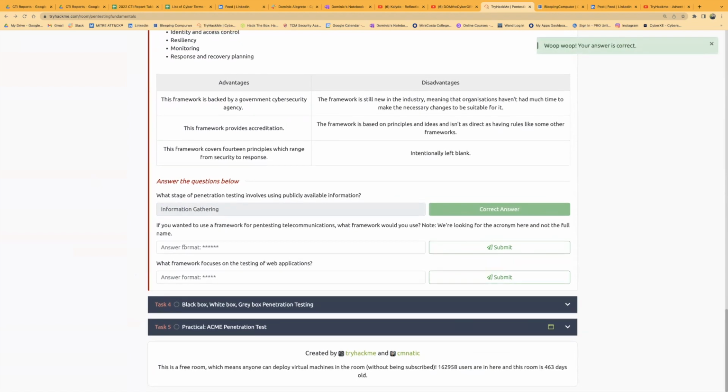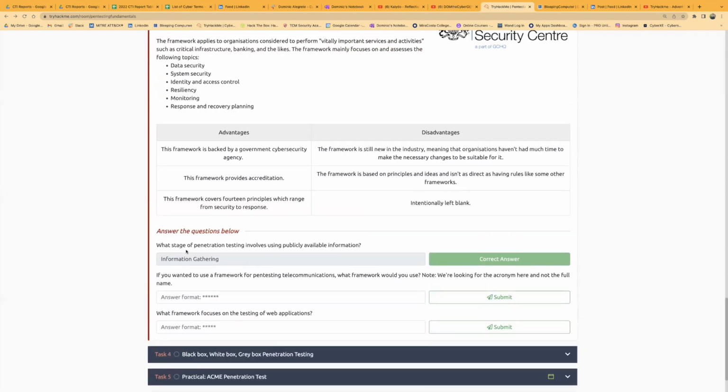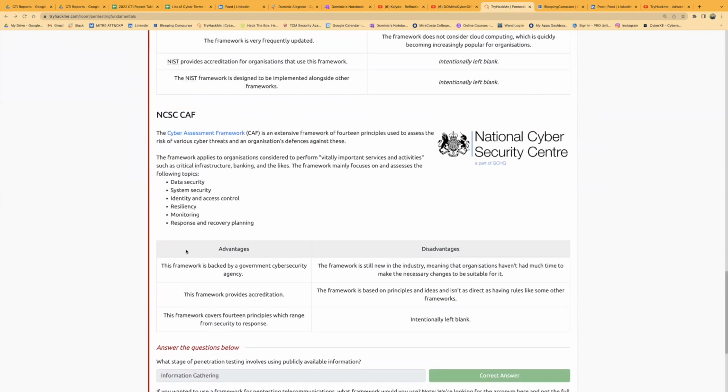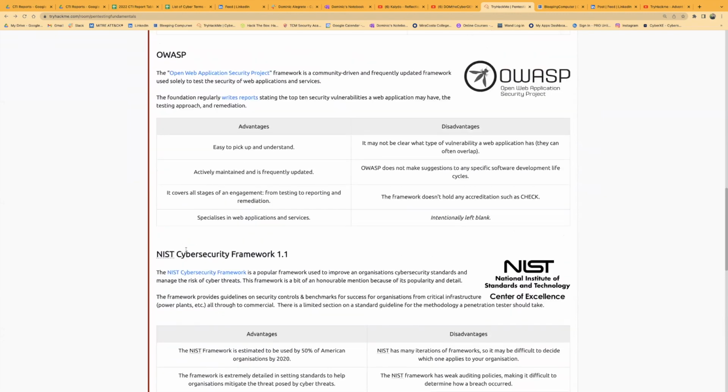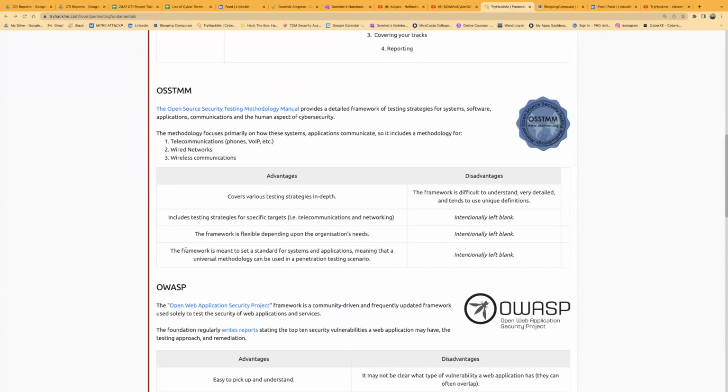Now, the second one: if you want to use a framework for pen testing telecommunications, what framework would you use? I didn't go over all these frameworks, but they're pretty long, so I would advise you to just read them and do your own research on them. But if you do scroll up, I remember it was the Open Source Security Testing Methodology Manual.